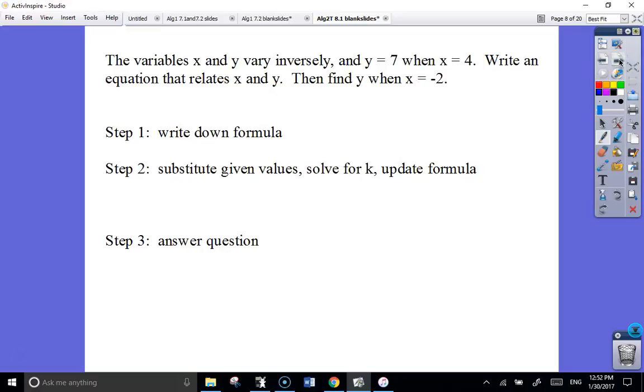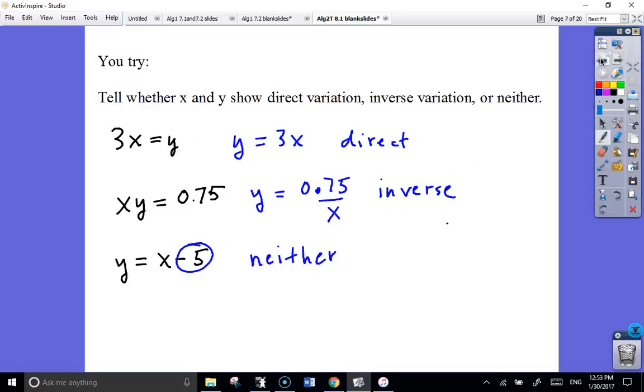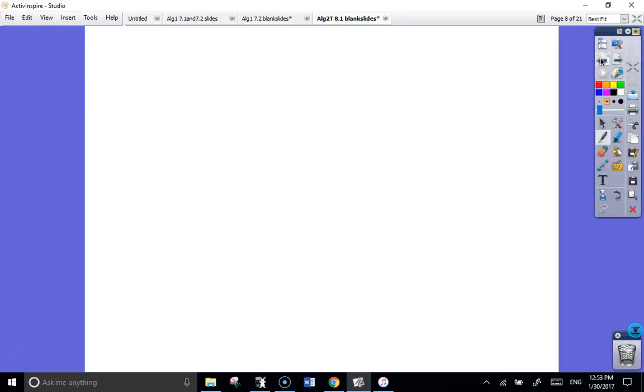I always do these problems in this format, right? Now you might have learned problems like this in Algebra 1. Depends where you did it, like what book you studied, but it's something like this. Y varies directly with x.